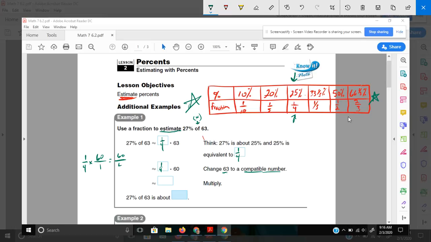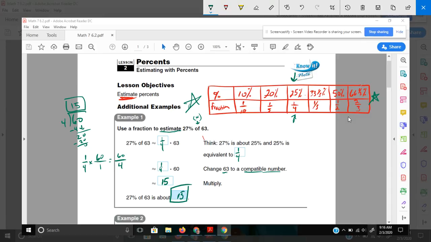Bottom times bottom would give me 4. And 60 divided by 4: 4 goes into 6 once. 1 times 4 is 4. Subtract, bring down my 0. And 4 goes into 20 5 times, which is 20, and I don't have anything left. So when I multiply, I get about 15. 27% of 63 is about 15.